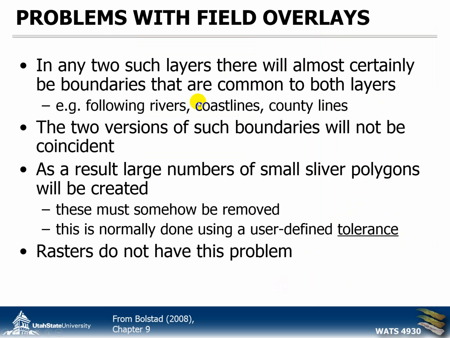And so some of the problems with doing overlays: any 2 such layers, there's going to be boundaries that are sometimes common to both layers, and so how it handles those is important. And then you can also have, especially when dealing with lots of polygons, lots of little slivers. And those can be problematic, and how you get rid of those.